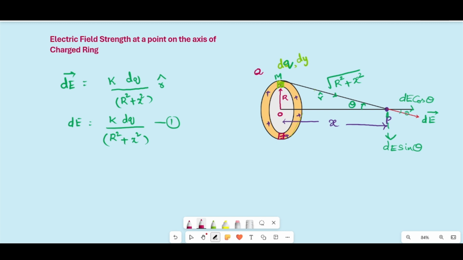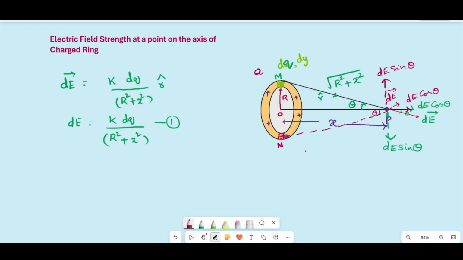Due to this also, the electric field intensity at point P is directed in this direction. Again, resolve it into components. This angle is also theta. Along the axis it is dE cos theta, and the vertical component is dE sin theta.